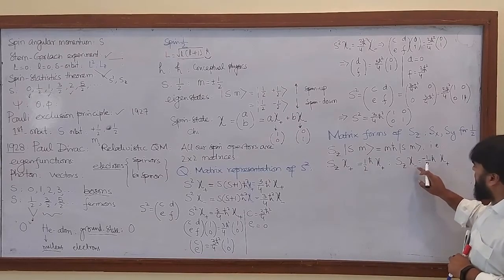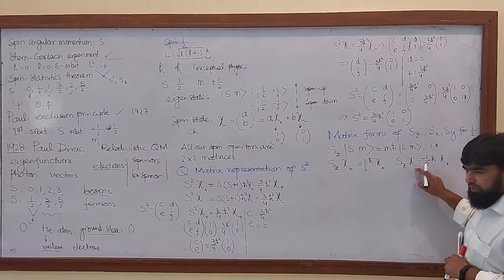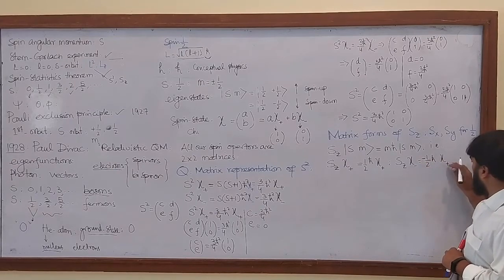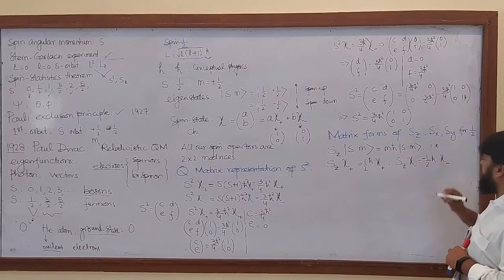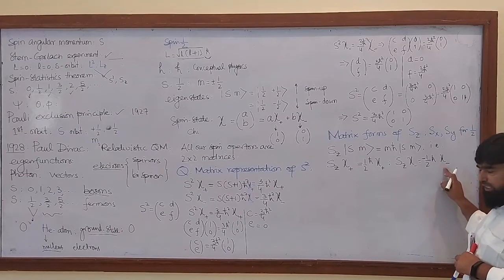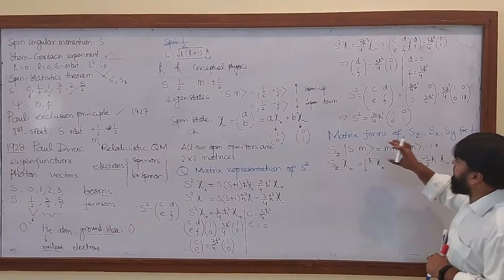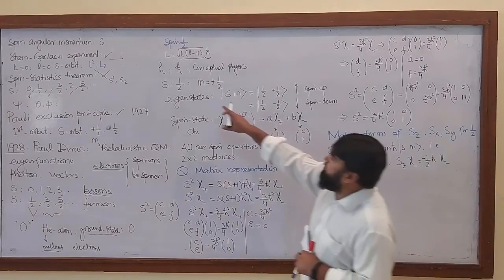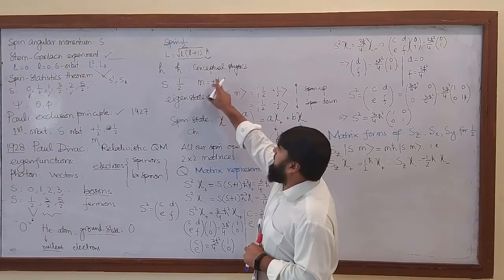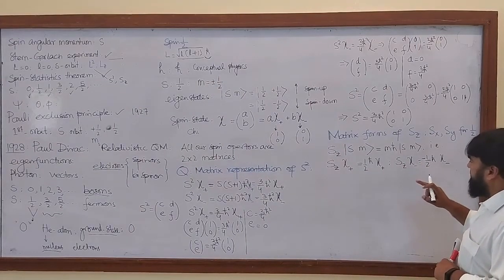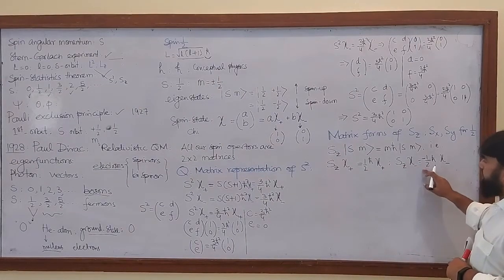When SZ operates on chi minus, the value will become minus, while the state will be the same. State is the same, only the value will change, because M possesses two values for spin-half, plus half and minus half.